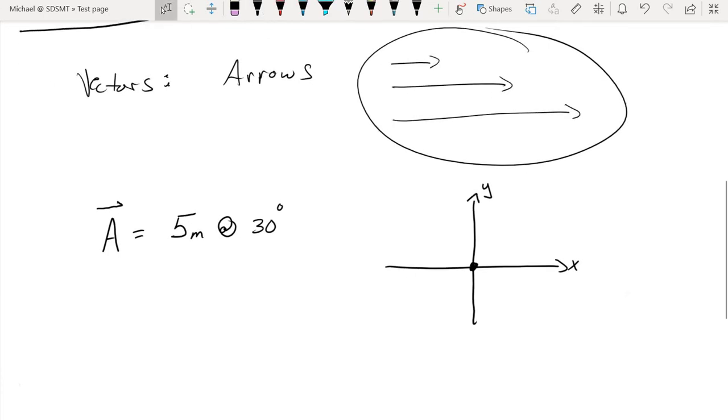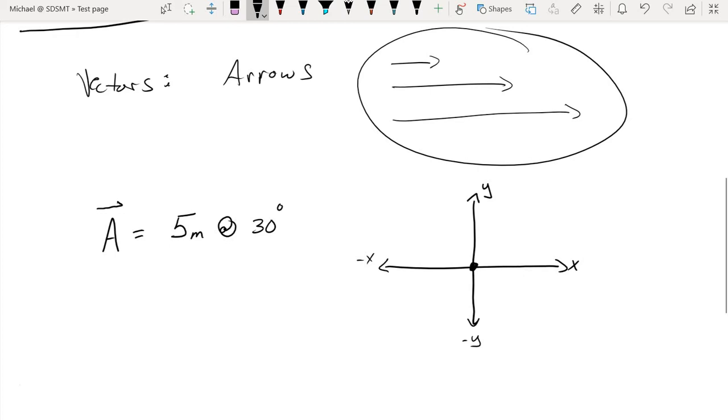Okay, so 30 degrees, I can measure 30 degrees, but from where? Where do I start my measurement from? Do I start from the x-axis, the y-axis? Do I measure from one of the negative axes? So we have to be very specific about where we're going to start our measurement from.